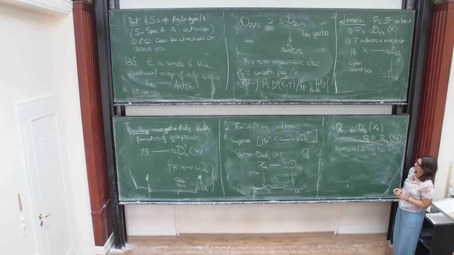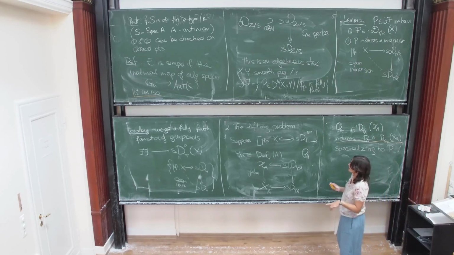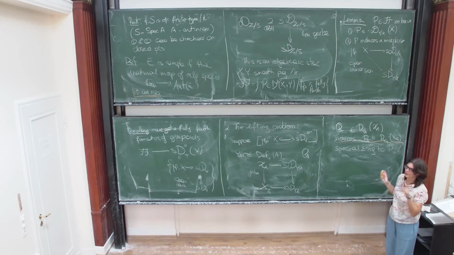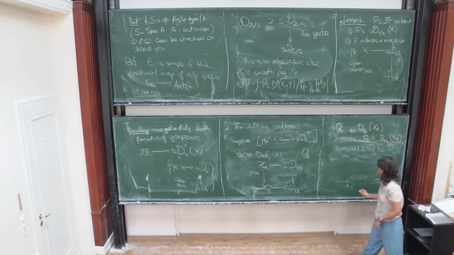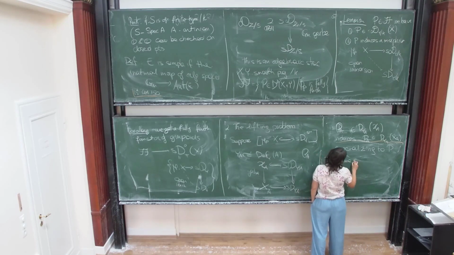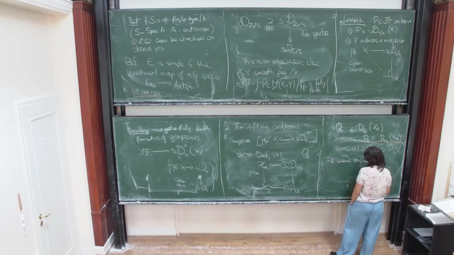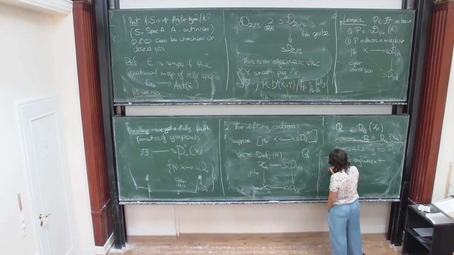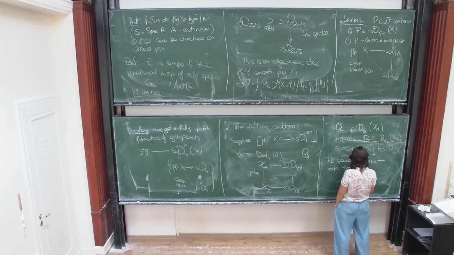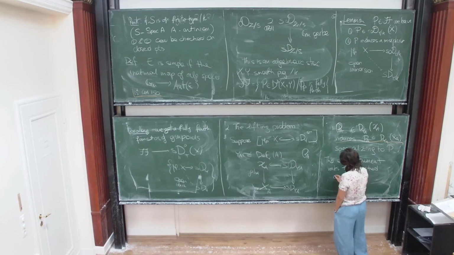And another thing I want to tell you is that this also works for twisted derived categories. So the same argument more or less works for twisted derived equivalence.